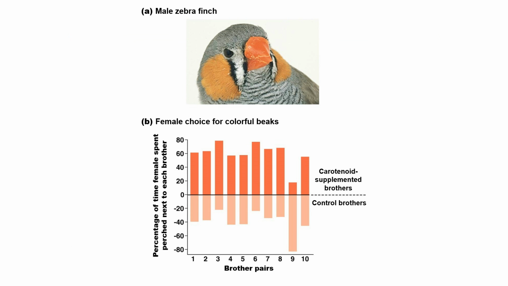Looking at female choice for colorful beaks, you have brother pairs, a control brother and a carotenoid supplemented brother. They added carotenoids to their diet, and looked at the proportion of which the females chose to mate with. And for most of the time, those of the carotenoid supplemented were chosen more often.